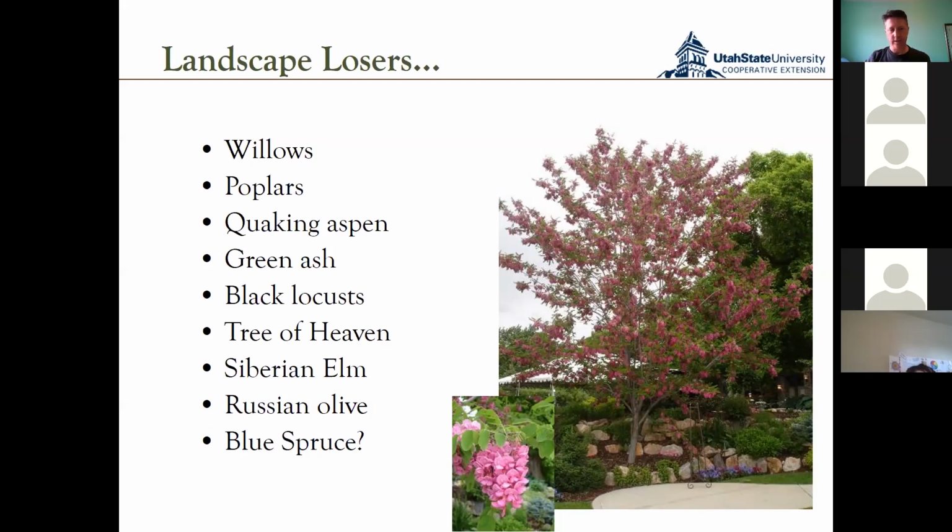So all of these are trees that are either illegal to plant, in the case of Russian olive, or grow fast and have problems with lots of wood falling off all the time. And quaking aspen is a problem because it's disease prone and because it suckers profusely throughout your yard and everybody else's yard.